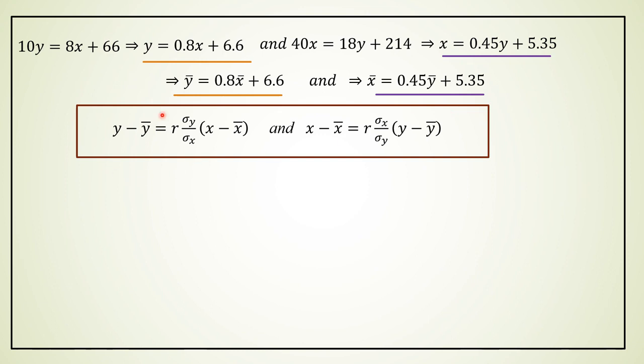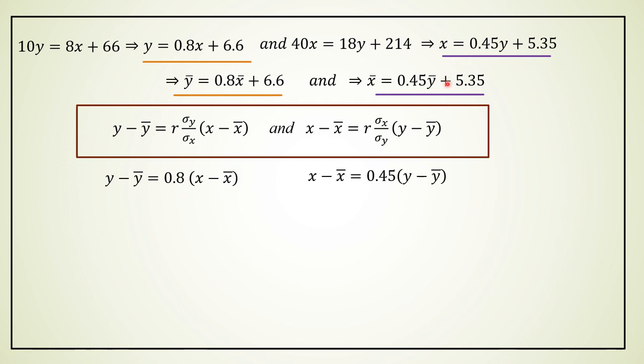Then we know that y bar is equal to 0.8 x bar plus 6.6 and x bar is equal to 0.45 y bar plus 5.35. The equations of regression lines passing through y bar and x bar are given by y minus y bar is equal to r into sigma y by sigma x into x minus x bar, and x minus x bar is equal to r into sigma x by sigma y into y minus y bar, isn't it? So just take the difference of these two equations so that you have y minus y bar is equal to 0.8 into x minus x bar.